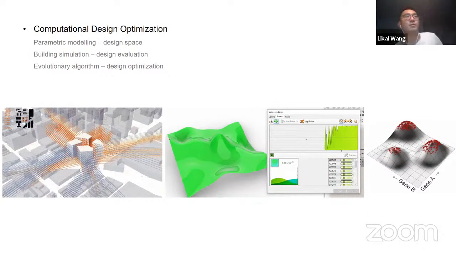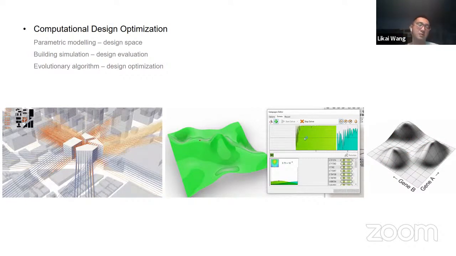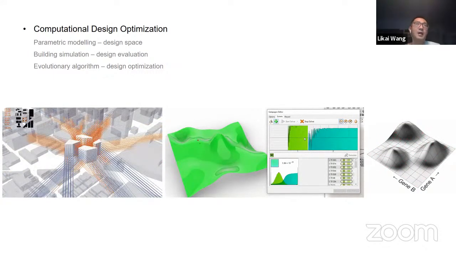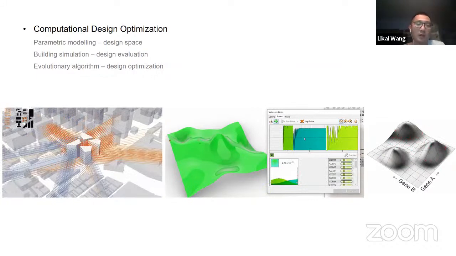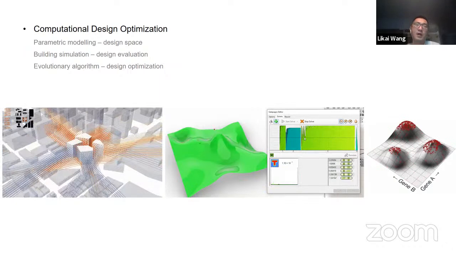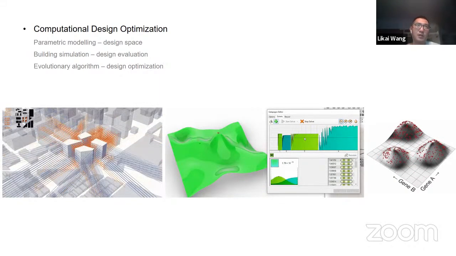For the moment, Grasshopper is obviously the most popular one, but we still have other platforms that can do parametric design. Building simulation is also an integrated part, because we have to find an approach to do the design evaluation.